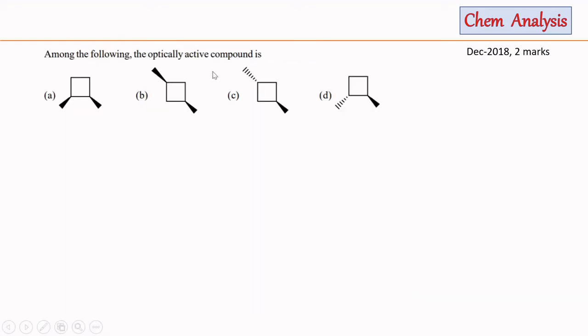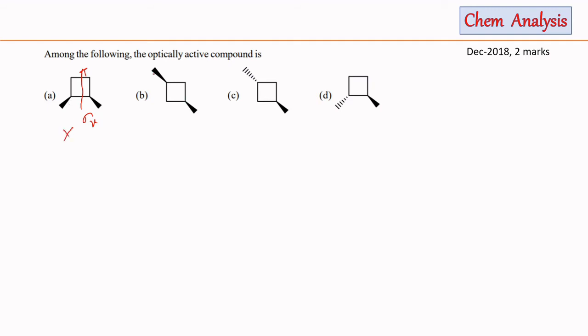Now this is a very easy question. We have to tell about the compound which is optically active. Now a compound will be optically active if it does not contain any symmetry element. Here we can see that there is a sigma plane passing through the middle of this carbon, and it will bisect this molecule into two equal halves, and since it contains a mirror plane, that is a sigma v plane, it will be optically inactive.